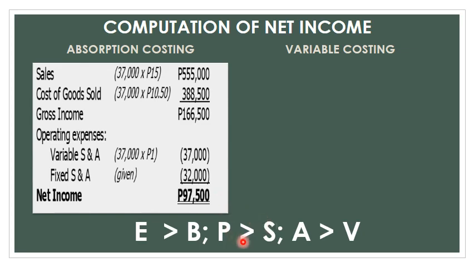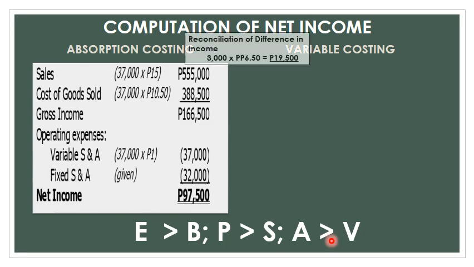Okay, anong sabi nung problem? Mas mataas yung production sa sales. So, ang makocompute daw nating income under absorption ay mas mataas compare sa variable. So, kaya mo dibang computein yung difference in income nila. So, ito yung magiging reconciliation.